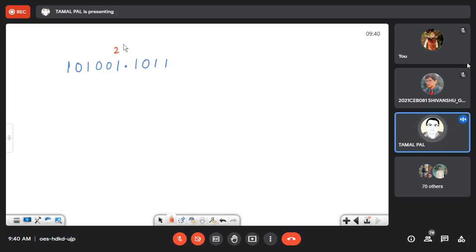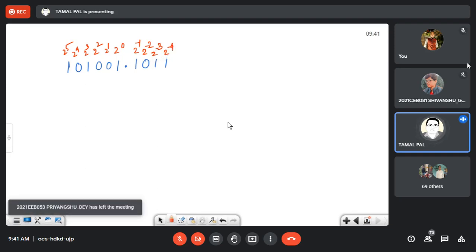This is 2 to the power 0, 2 to the power 1, 2 to the power 2, 2 to the power 3, 2 to the power 4, 2 to the power 5. And here it is 2 to the power minus 1, 2 to the power minus 2, 2 to the power minus 3, and 2 to the power minus 4.